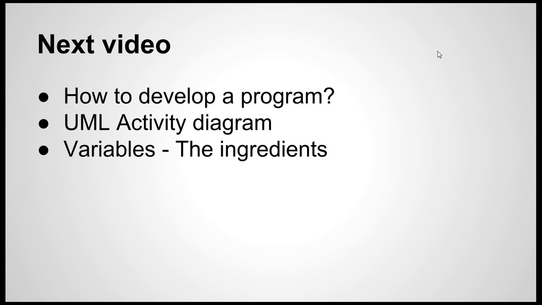Then I'll introduce you to variables, which are basically the ingredients for our recipe program, kind of. You can read about this in advance, and you can try things with the program. There are some links I put in the description below about the UML activity diagram and the Java tutorial in which you can find the variables.